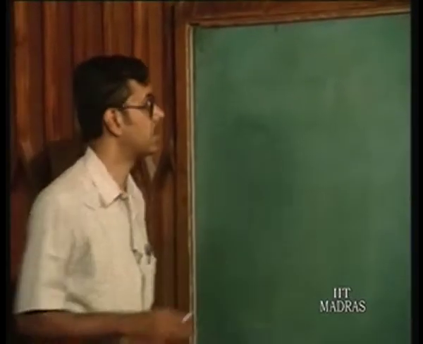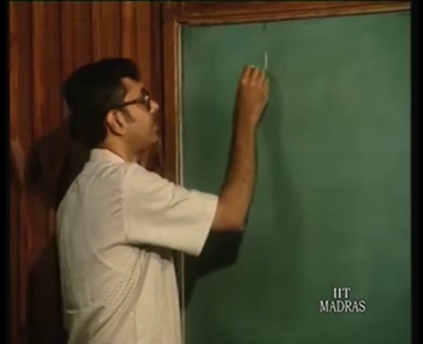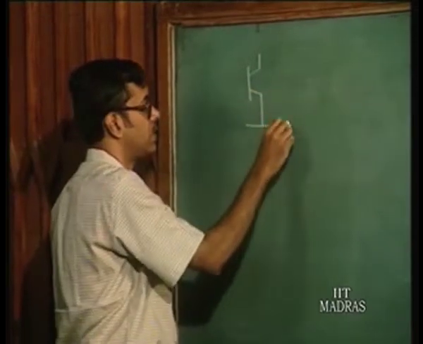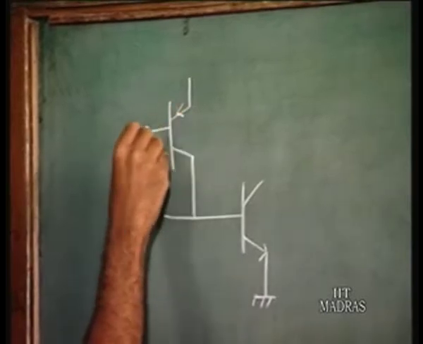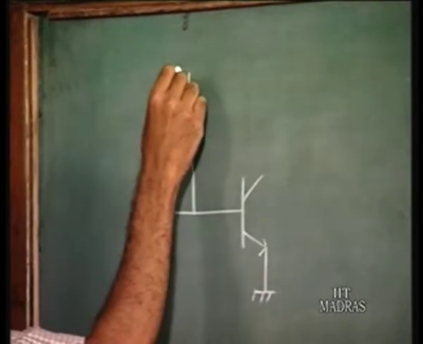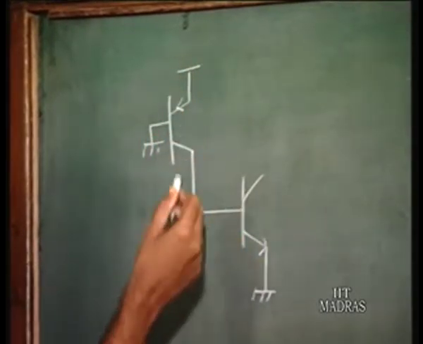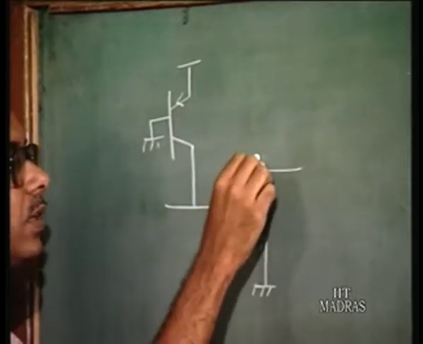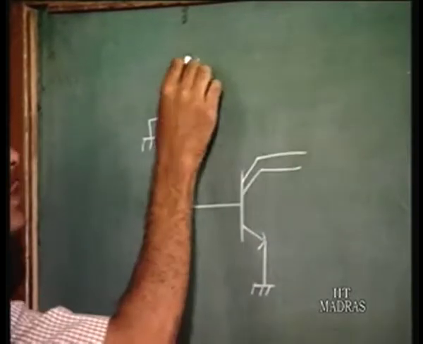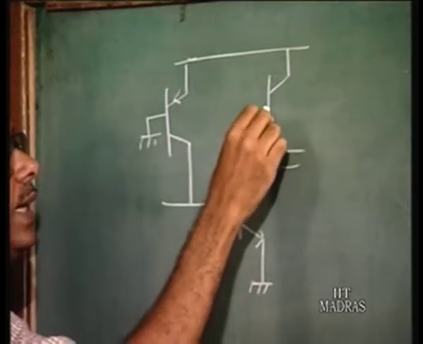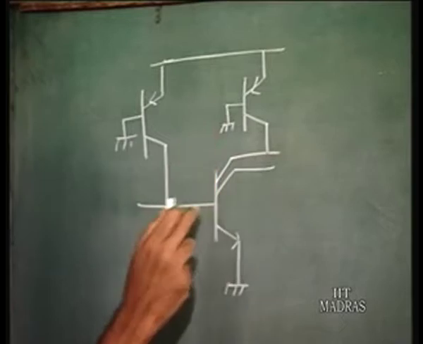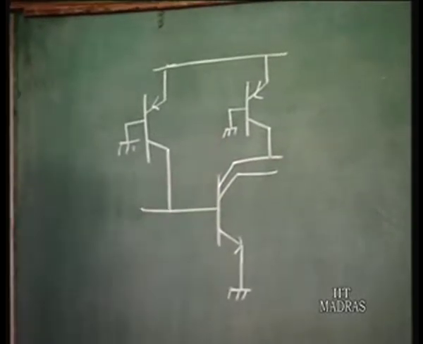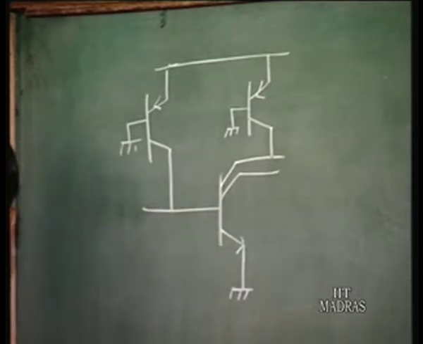Because as we had seen, the PNP transistor at the base, that is the current source, is actually in saturation, and so it has to be ensured that the base of this NPN transistor gets sufficient current in order to drive this transistor to saturation.